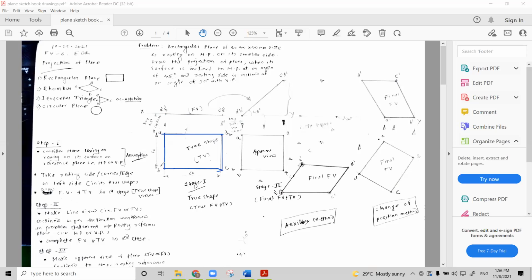Then immediately name these points A, B, C, D, and then you project it so that you will get the front view. Take the projection with straight lines from these points, and these will give 2 points on the XY line.